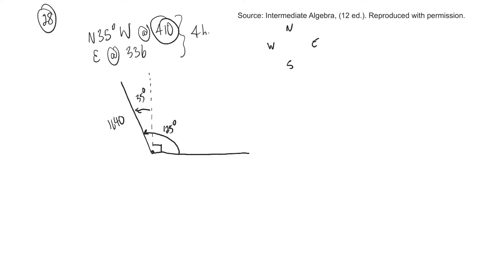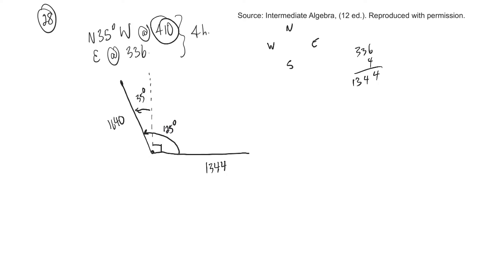That's how far they would have gone, miles or kilometers, whatever the unit was. And then this guy going east went 336 for 4 hours. So 24, 14, 1344 miles or whatever.